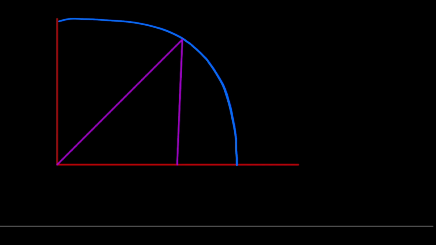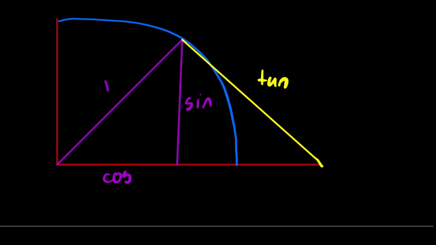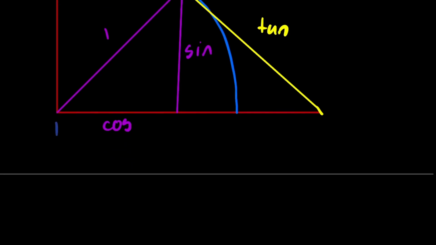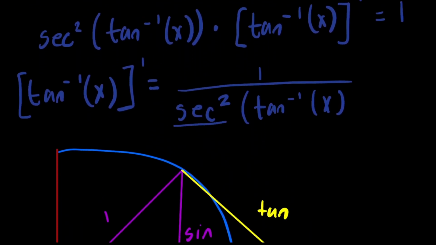We know that this is 1, this is cosine, and this is sine. But we also know that this line here that extends out down to here is our tangent line. And we know that this whole line here that combines this full red is our secant line. And that's what we're looking for, right?